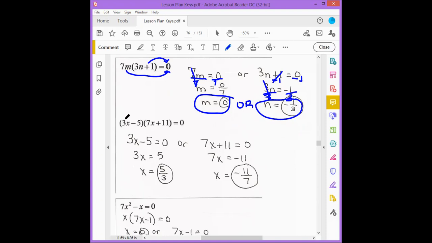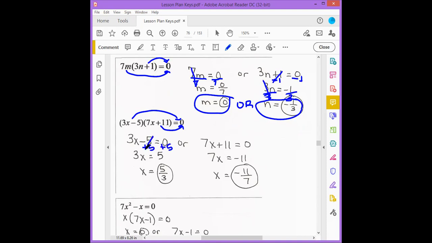In the next problem, we have factors 3x minus 5 and 7x plus 11 equals 0. We'll set both of these factors equal to 0 and solve the equation. So 3x minus 5 equals 0 or 7x plus 11 equals 0. With our equation on the left, we're going to add 5 to both sides.